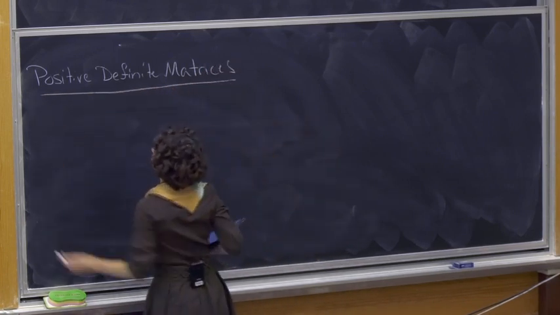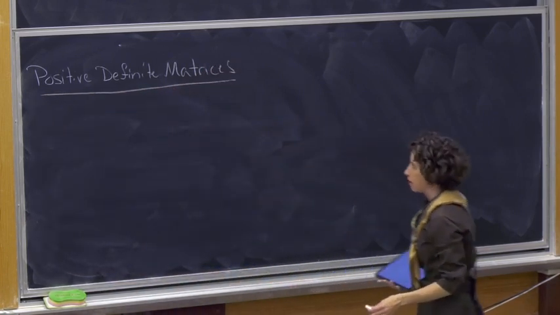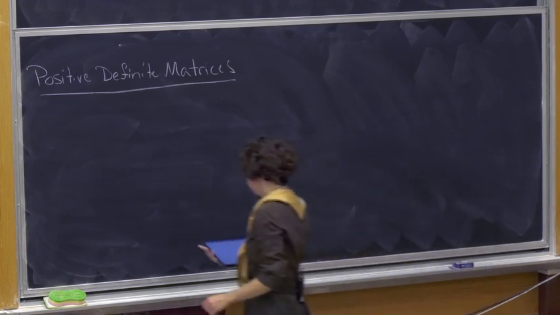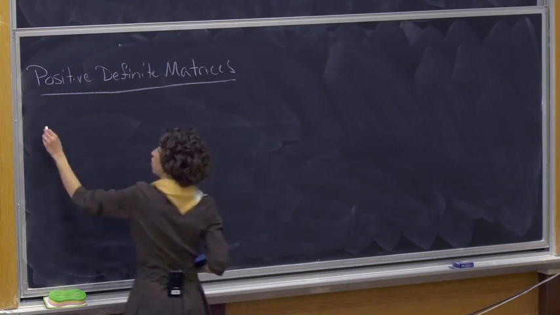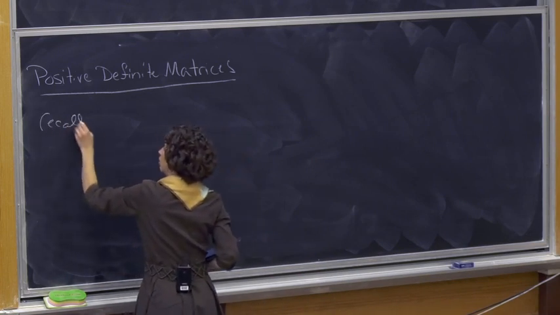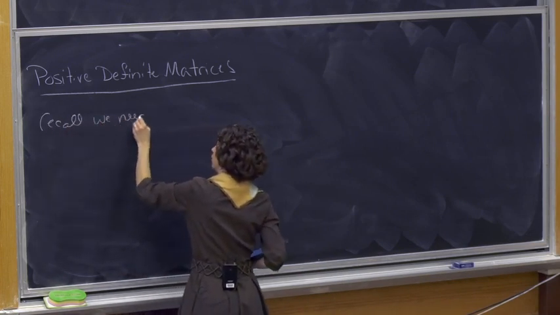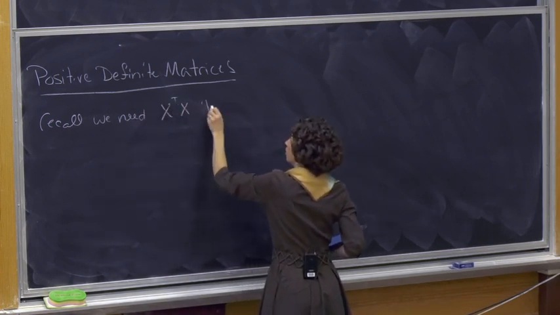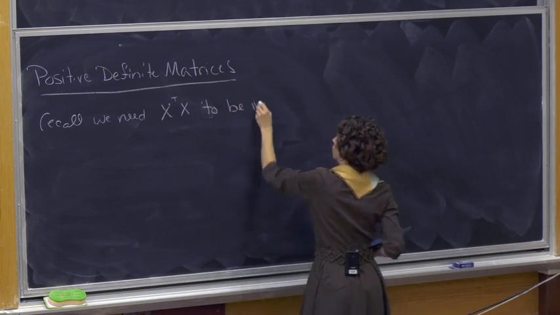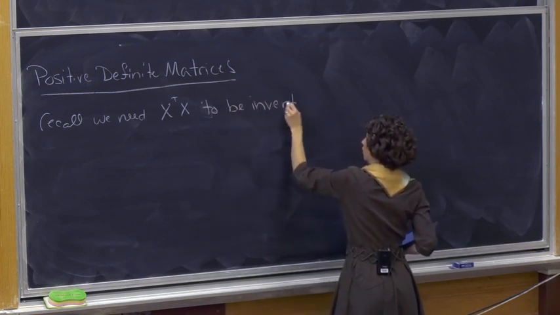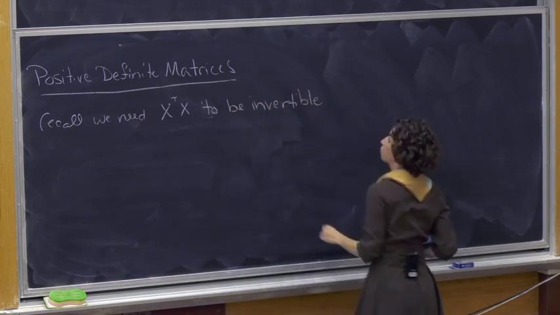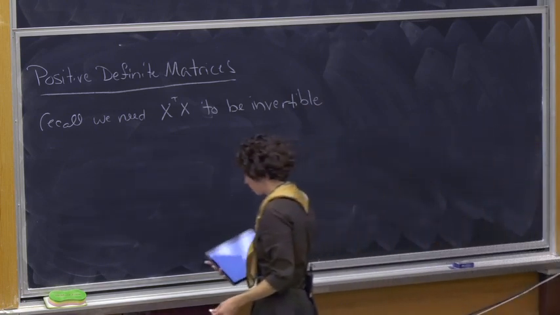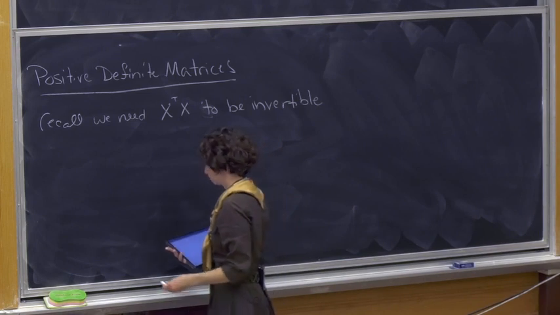And we're going to see this through the lens of positive definite matrices. So recall that we need X transpose X to be invertible for our previous arguments to work out. It turns out that's also important in an optimization setting.